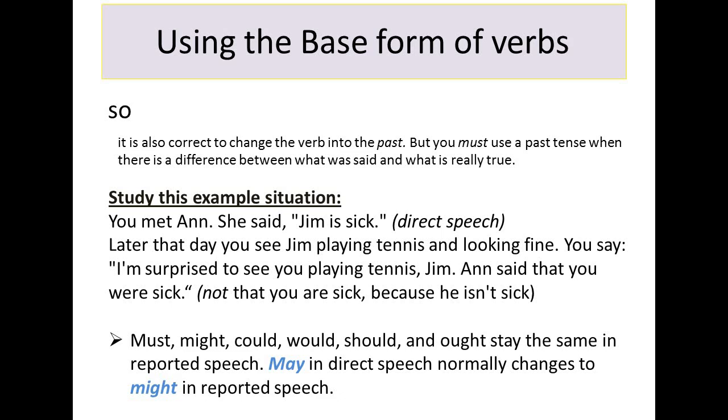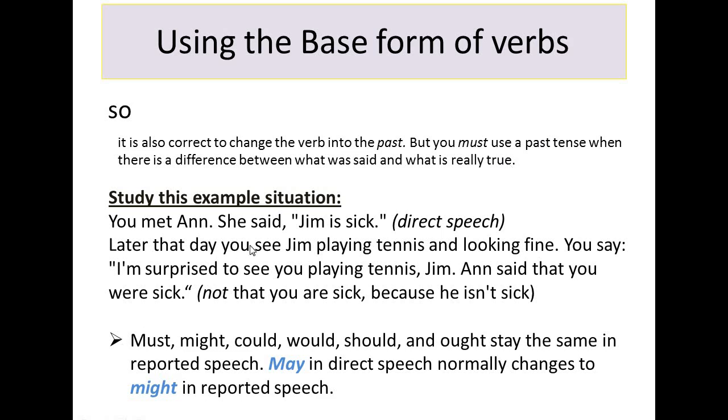But if the situation has changed from then until now, we should change the tense.